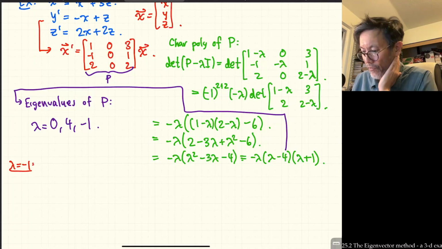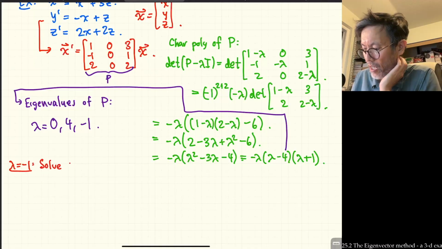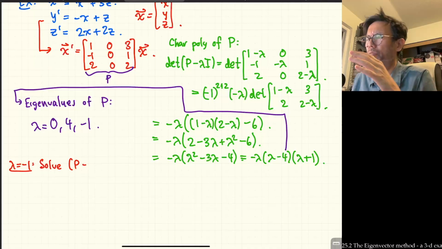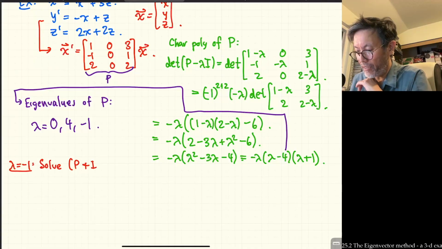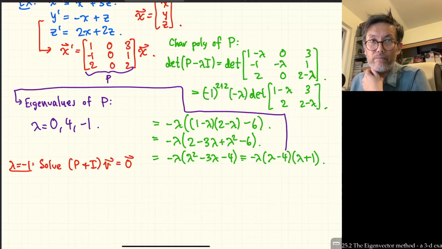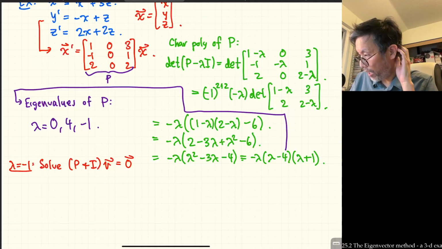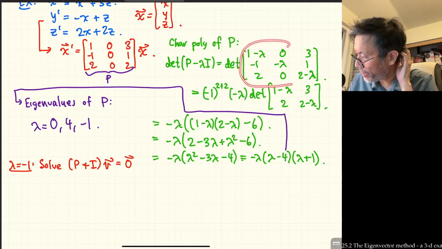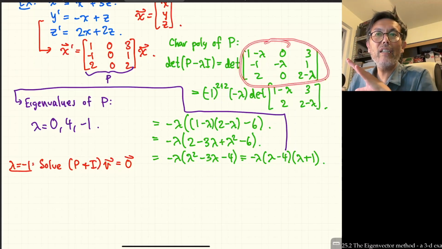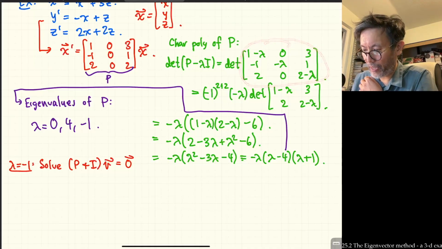So I want to solve the system P minus lambda I, which is P minus negative 1 times I. So that's P plus I times V equal to 0. And I want to solve for non-zero V. What I'm going to do is replace lambda by negative 1 and write down the augmented matrix that I get.